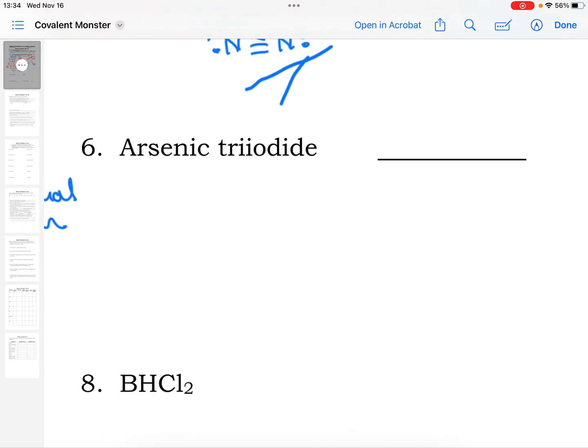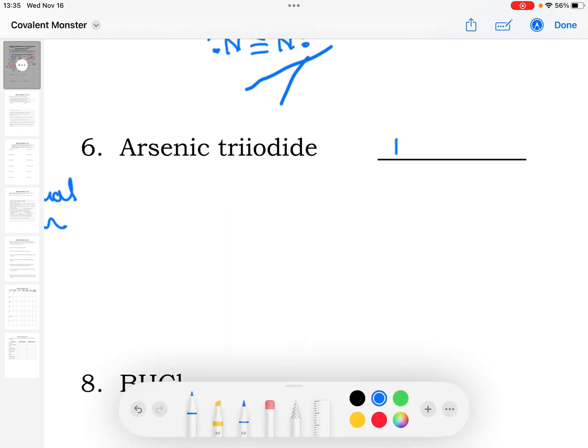Next, we have arsenic triiodide. For arsenic triiodide, we see arsenic is in group 5, and it's going to bind with 3 I's.